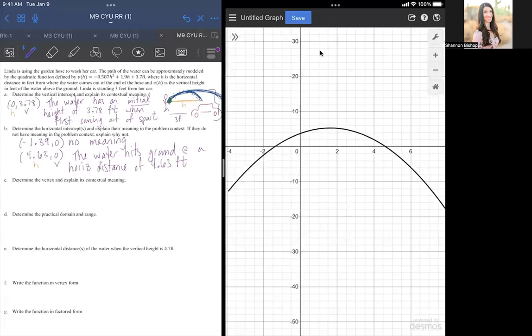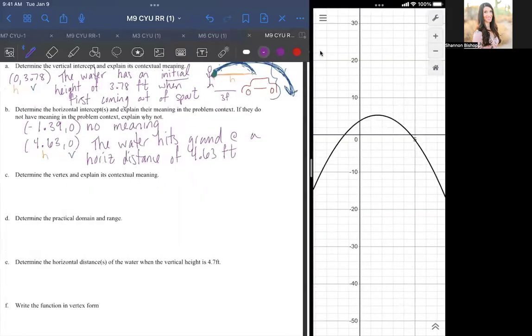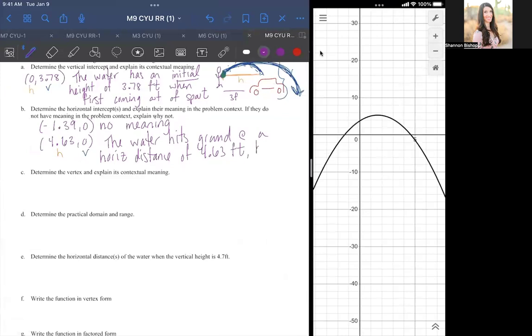But then you might add to that and say, however, there might not be much meaning, because the water will be hitting the car, not the ground. So that one's kind of sneaky.